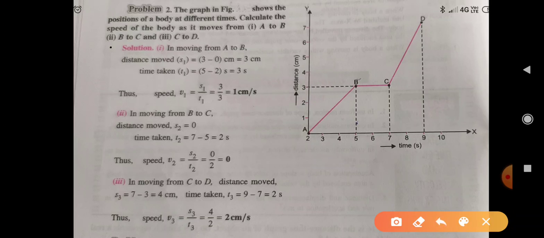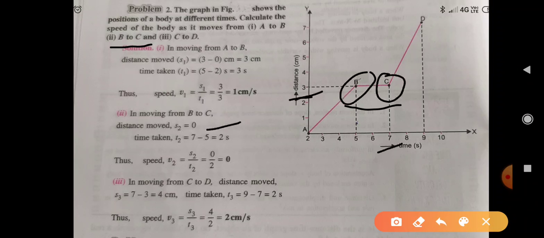If we go for the second case, B to C, the initial position of the body was 3 and the final position was also 3, which indicates that the body is not moving. From the graph we have already understood that in such a graph the body is at rest. So the distance covered by the body is 3 minus 3, which is 0.